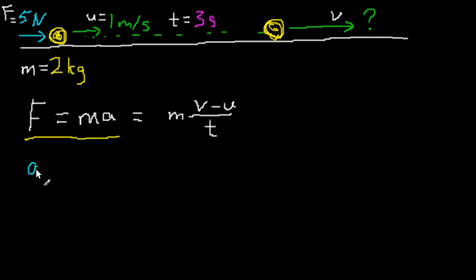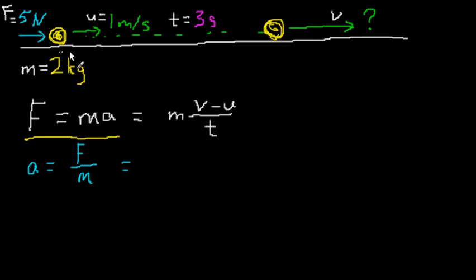So solving for a, I can divide both sides by m, or we can also say just bring m down to the other side. This gives a equals force over mass. Let's calculate this.